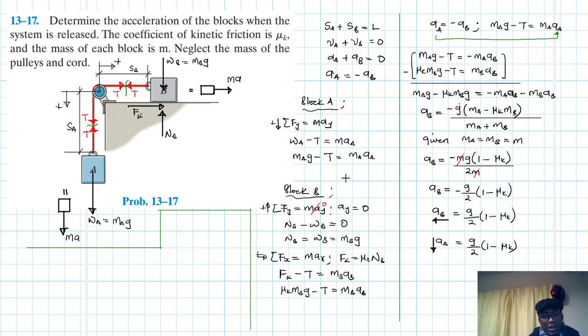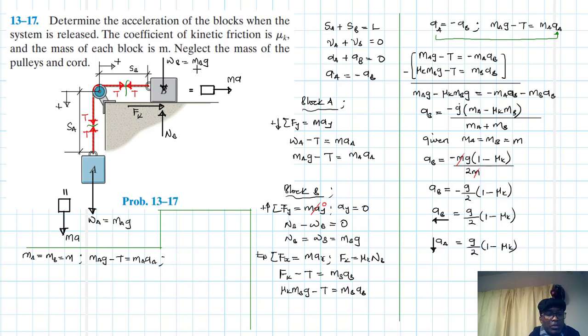So if you go to that equation, given that m_A is equal to m_B is equal to m, then this equation m_A g minus T equal to m_A a_A just becomes, it goes the other side. So this one just becomes m.